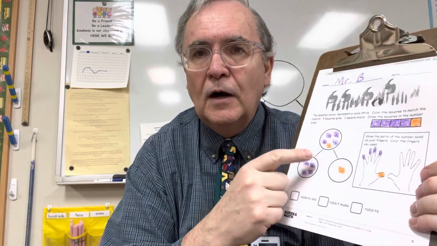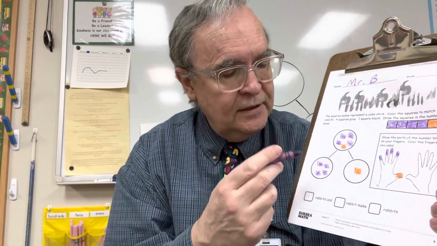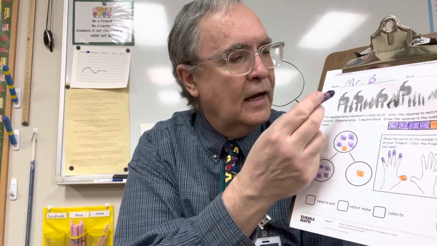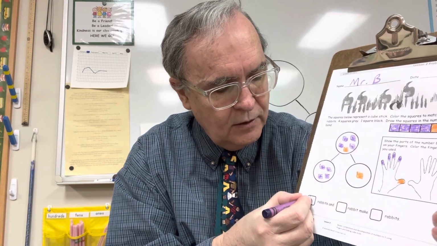Now there's one more thing we're going to do. We're going to change these objects into numbers, okay? So it says blank rabbits and blank rabbit make blank rabbits. So we're going to change this into numbers. How many rabbits were sitting up? 4. So in here I'm going to write a 4, down and across and down once more.